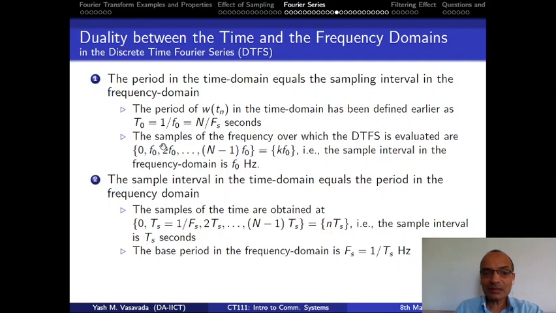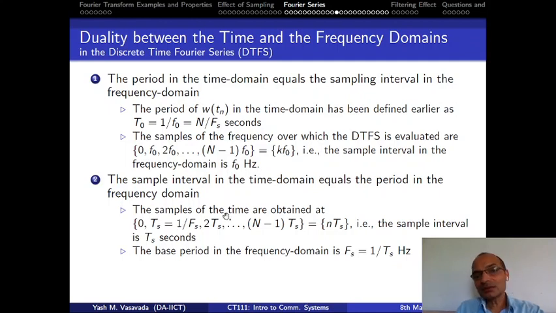So you see there is a remarkable similarity between these two, f naught and t of s, the sampling interval in time domain and the sampling interval in the frequency domain. They are kind of analogous in nature.